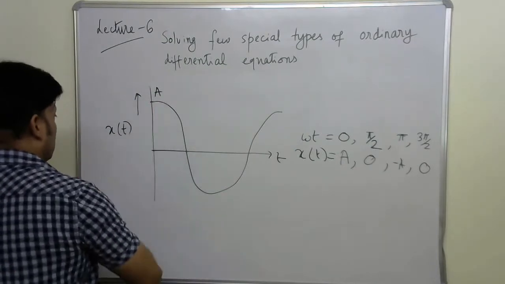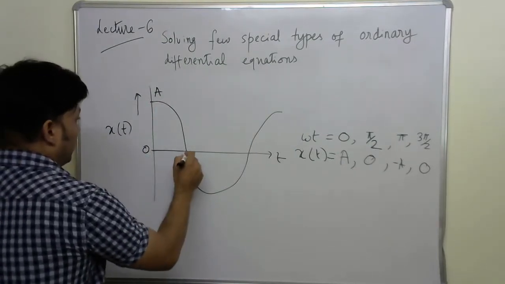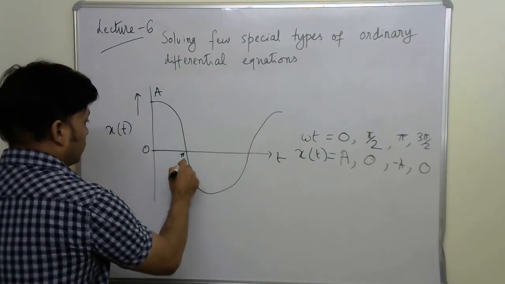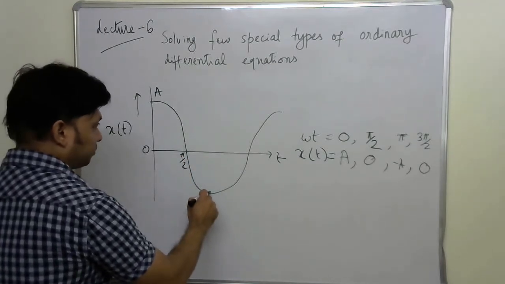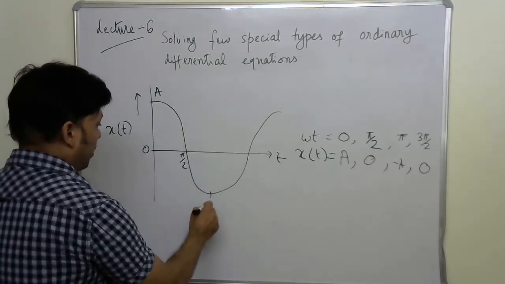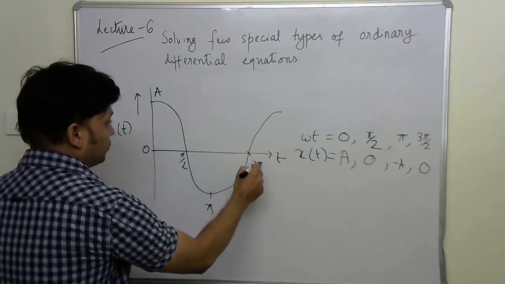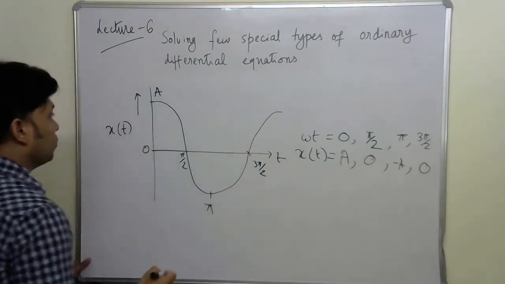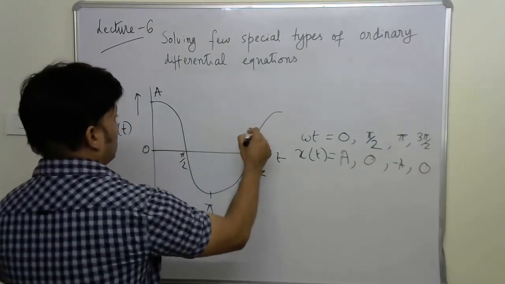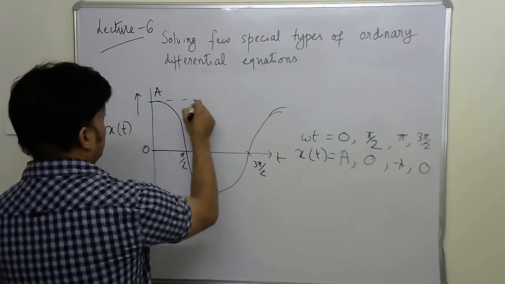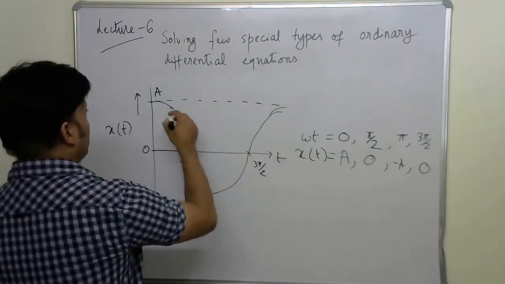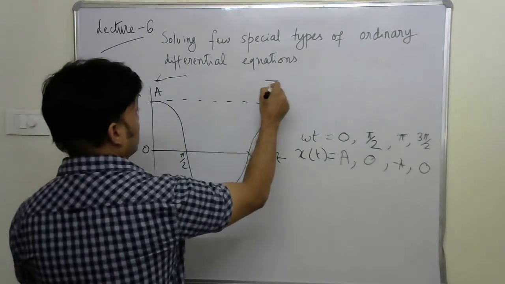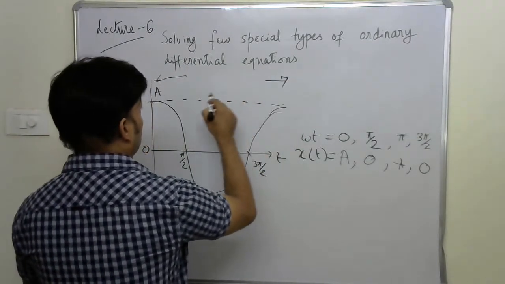So x(t) is equal to 0 here, and this is pi by 2, and this is pi, and this is 3 pi by 2, and so on. Once the graph comes back here, it completes the full cycle.